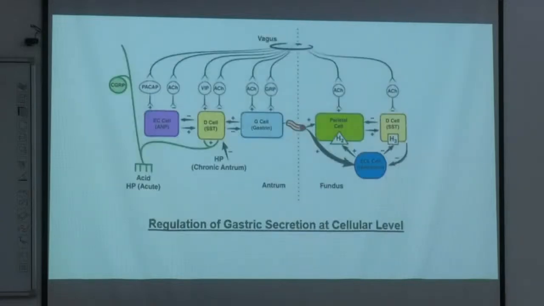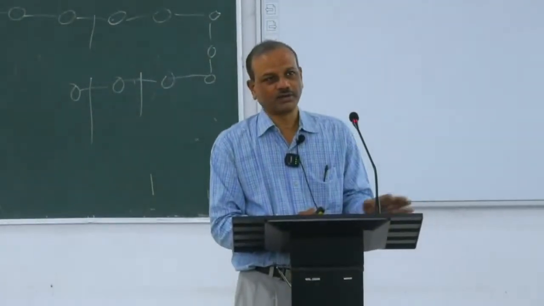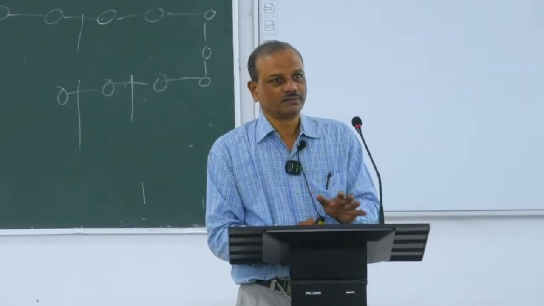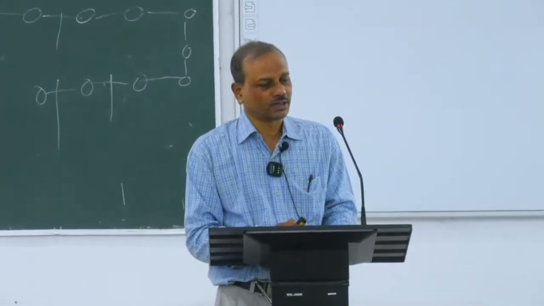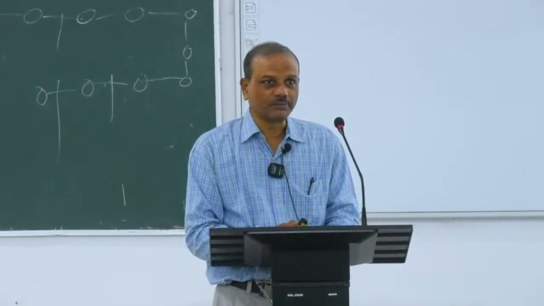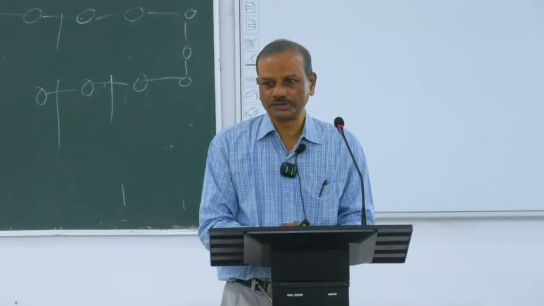Now there are a good number of hormones which play a very important role in regulating gastric acid secretion. The reason I am telling you is, as I told you, the largest endocrine gland of the body is the gut. And you cannot imagine how many hormones are produced, at least 30. Maybe with the passage of time, some more hormones will be discovered.